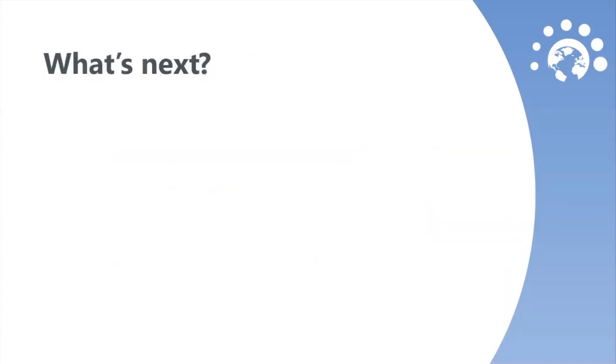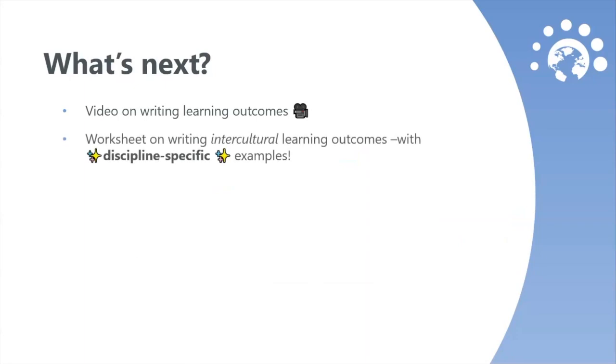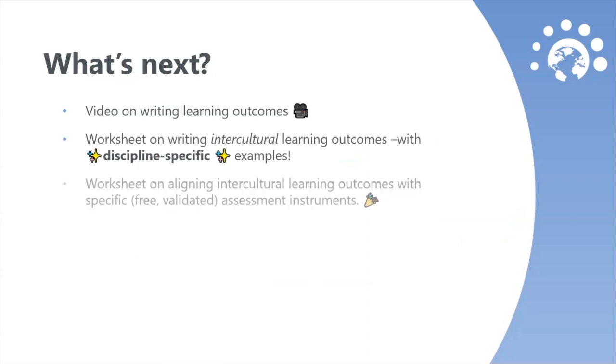What's next in the self-directed learning module after this PowerPoint is over? I'm going to show you a video on writing good learning outcomes, and then give you a worksheet on writing intercultural learning outcomes with discipline-specific examples from this university.